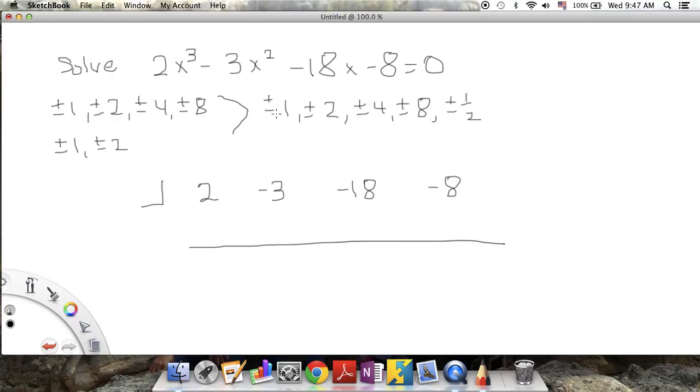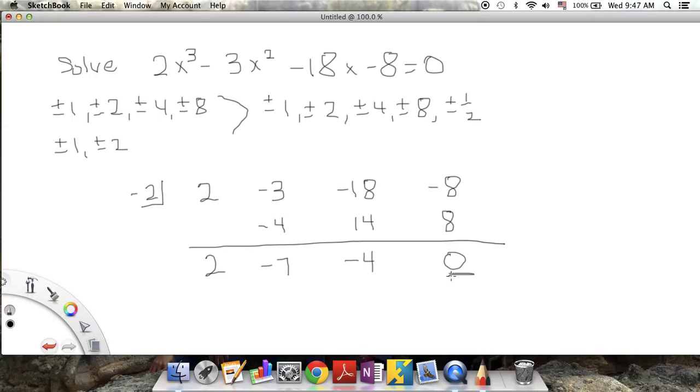You can test 1 and -1 and +2, and we're going to go ahead and test -2. So we multiply, remember, and add, and then multiply, and add, and then multiply, and add.